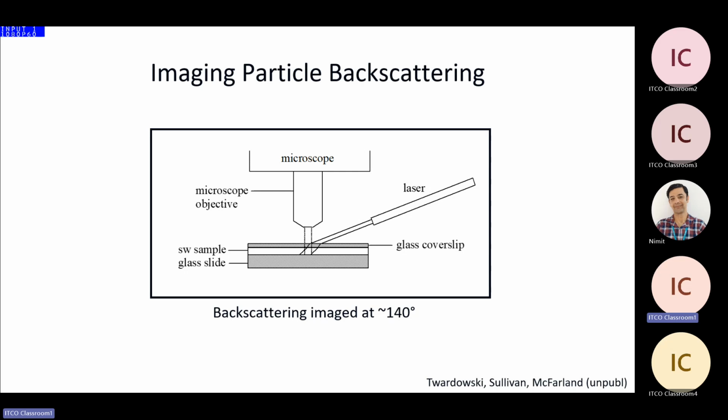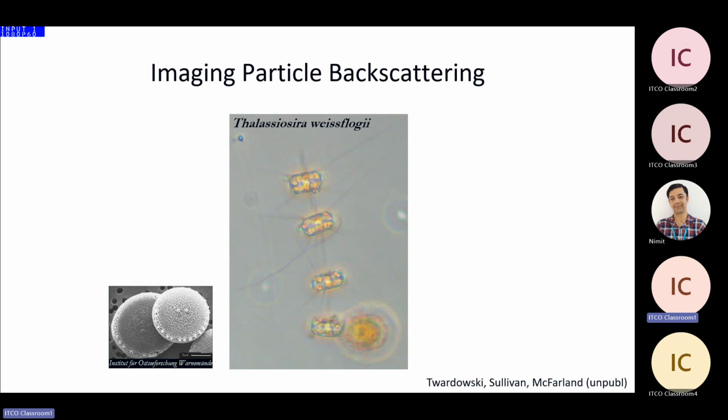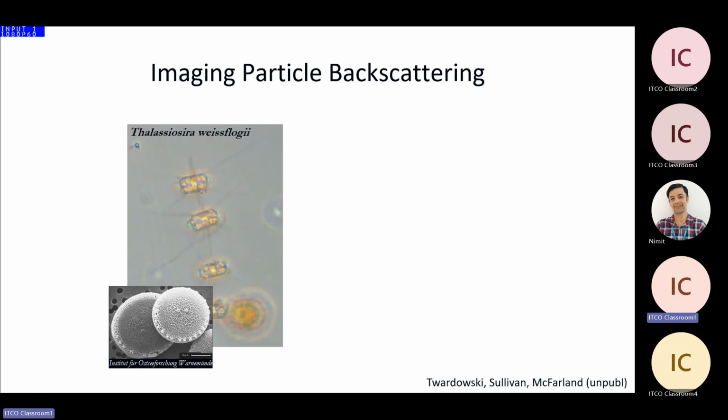We also rigged up a contraption with a microscope and a laser on the side, at an angle where we could look at 140-degree scattering through the microscope, turning the light off on the microscope, obviously, so we're just looking at light from the laser. We did this with a bunch of different organisms. This is one example, the Thalassiosira. It's like little pillboxes of glass frustules.